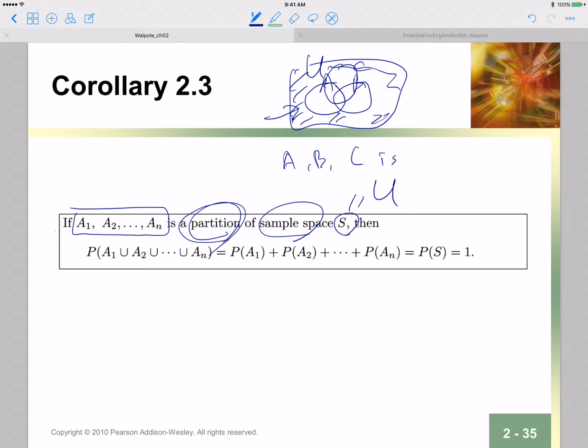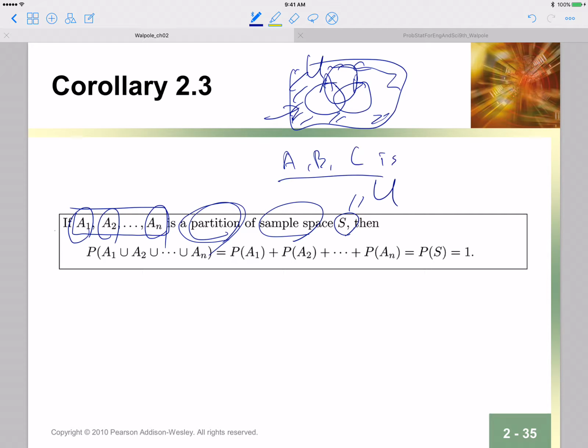And there is another condition so that we can call them a partition, which is that their pairwise intersection should also be 0. So among these different subsets or events, A1 through AN, you pick any 2 subsets, and there should be no intersection.